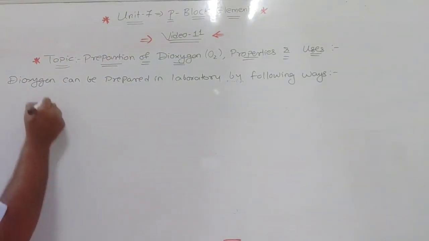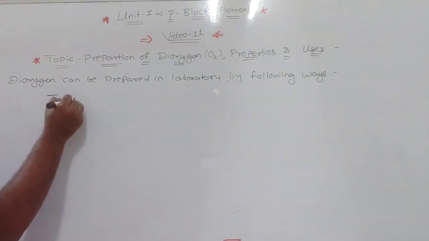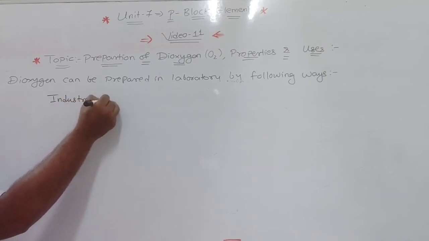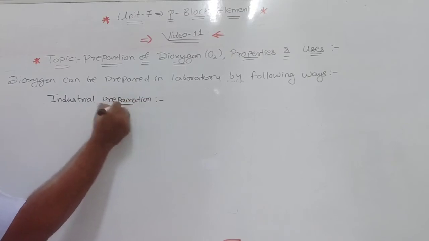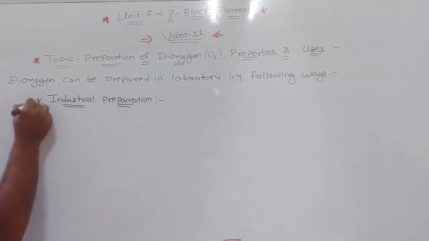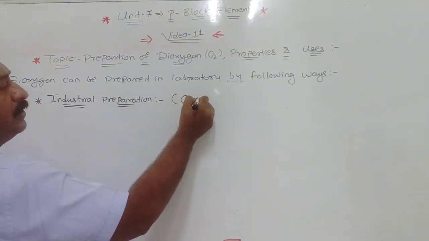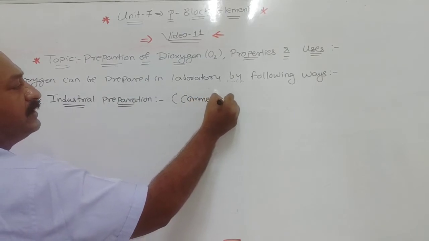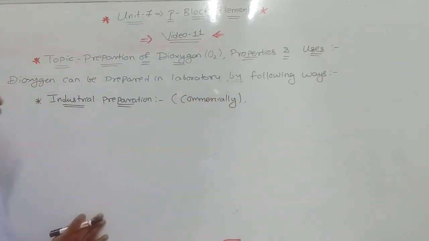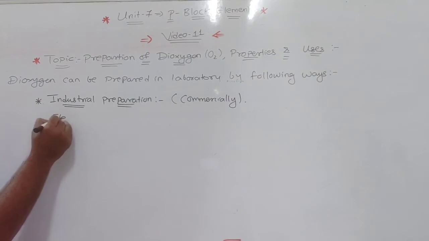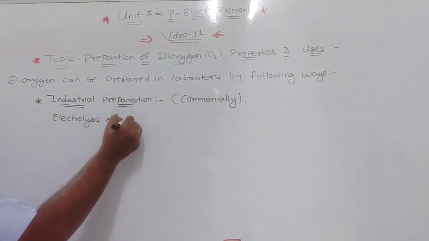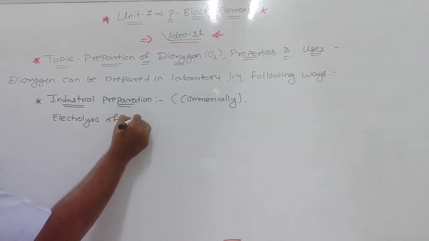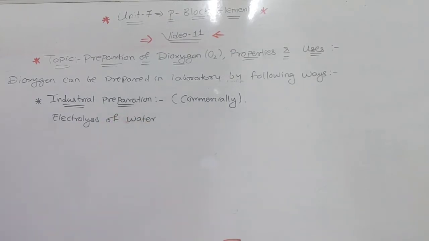Now when we talk about industrial preparation of dioxygen, that is, commercially, it is prepared by electrolysis of water.